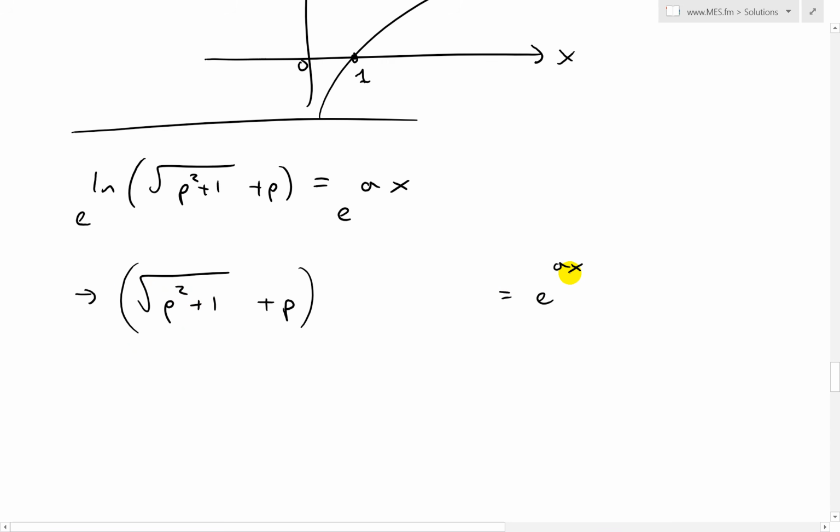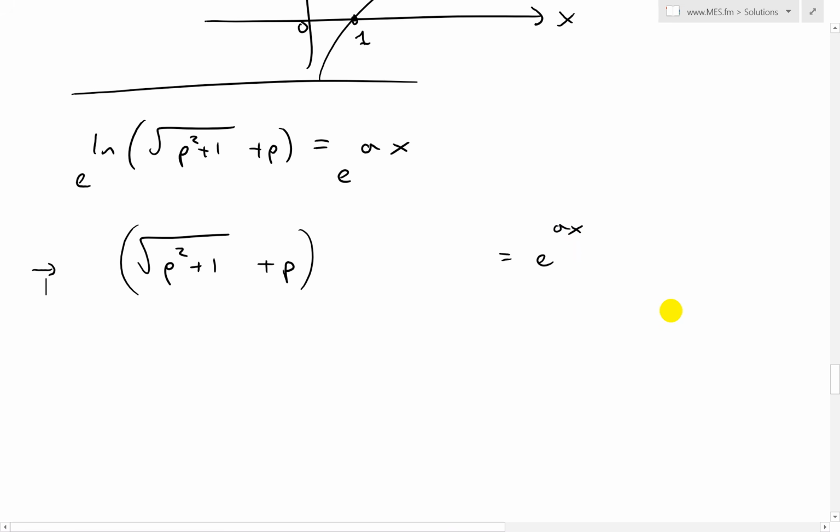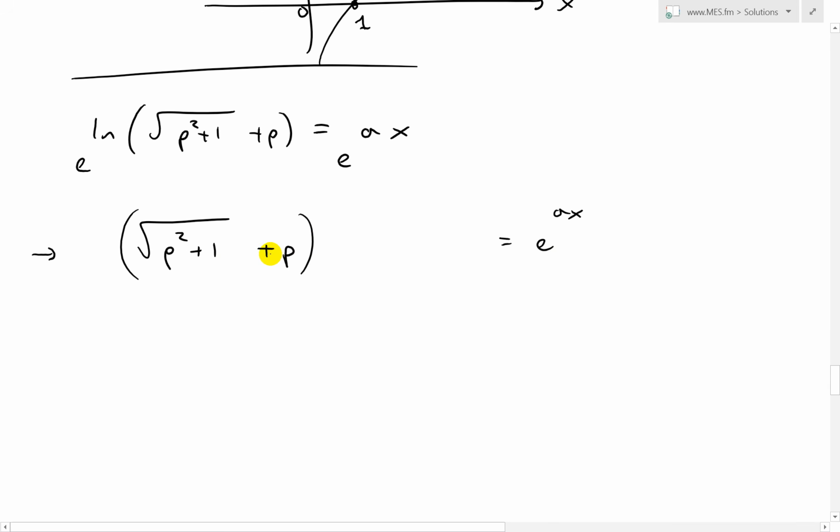I'm doing that to save time, because there's going to be a lot of algebra. What I want to do now is multiply this by the conjugate, which is the square root of p squared plus 1 minus p, so that we can have some cancellations, especially that giant square root.